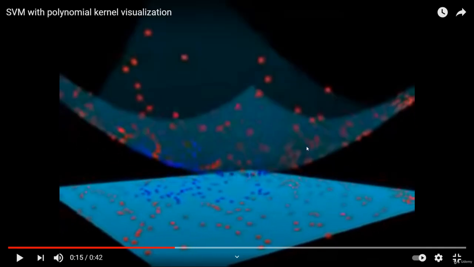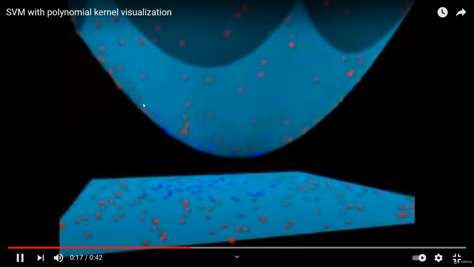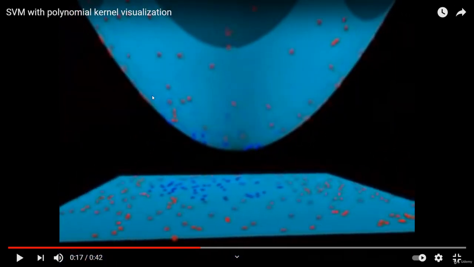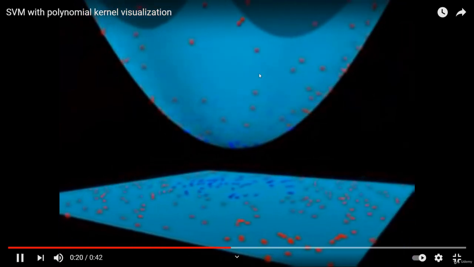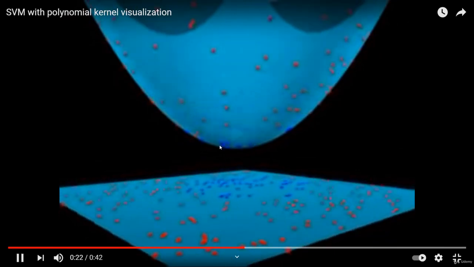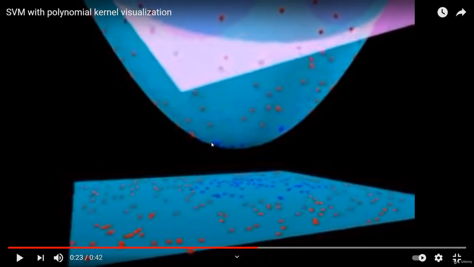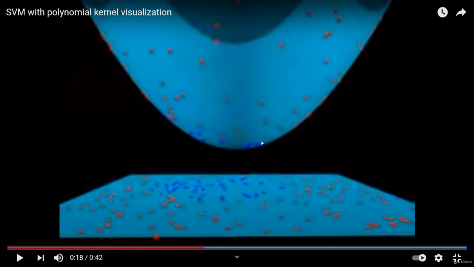As you can see, when we transform each point in 2D into 3D, what will happen is something like this. Right now you have the 3D and we can separate the data better here. If we go to 3 dimensions, you will see now that the blue points are here, and the red points are here, here, here, and here.